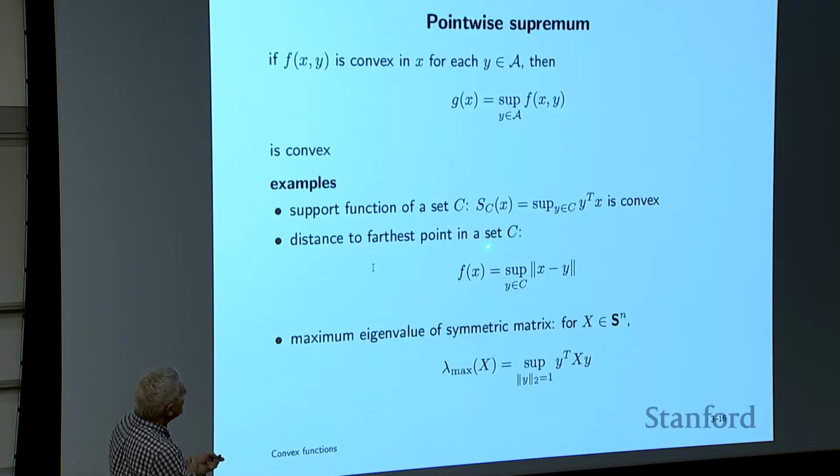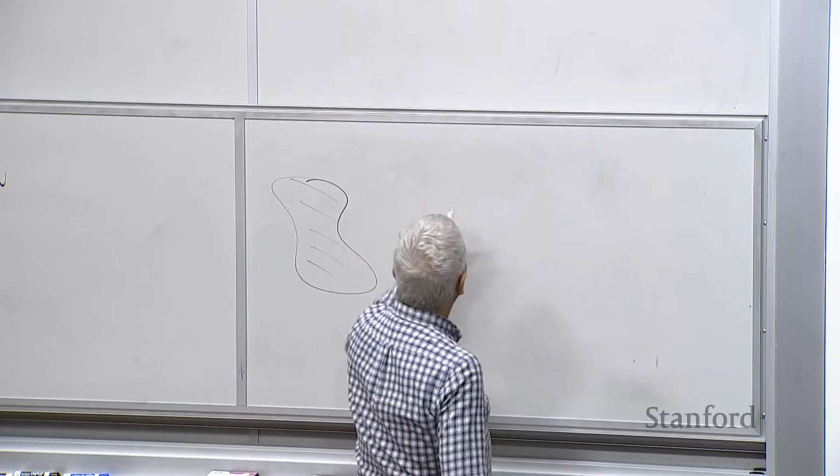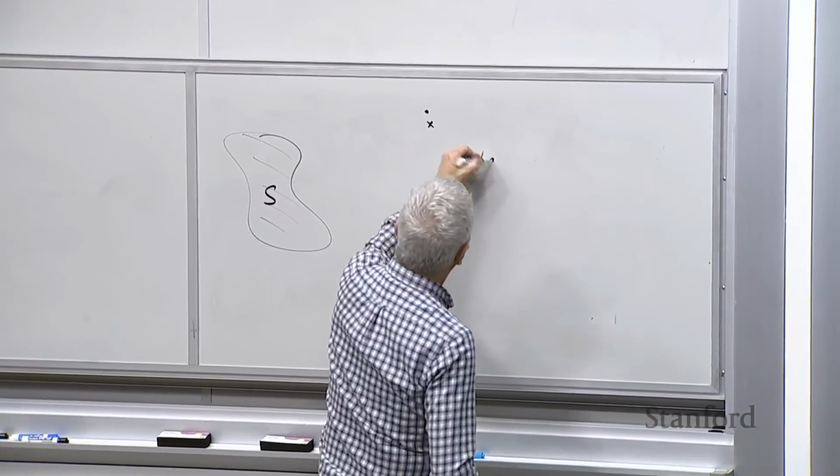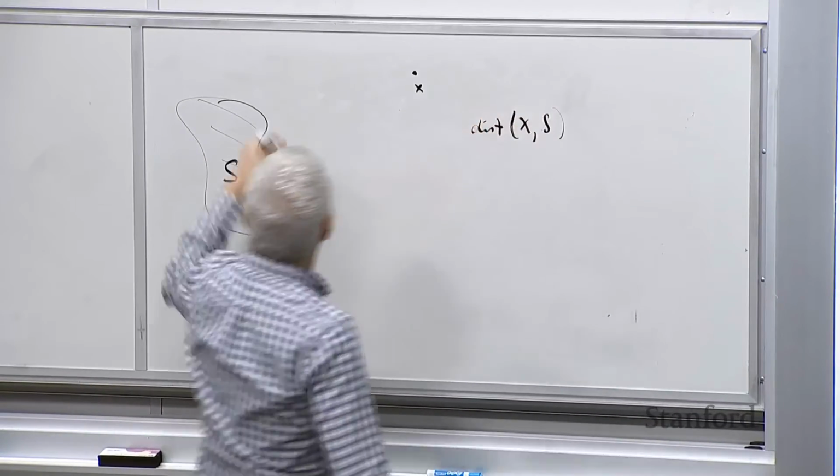Here's one. Let's take a set C, not necessarily convex, and we work out the farthest distance to the set. So what is the distance to the farthest point in that set? The universal definition of the distance of a point to a set: if this is x and this is S, the distance of x to S is the minimum distance.